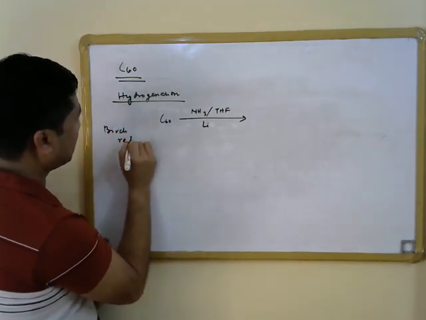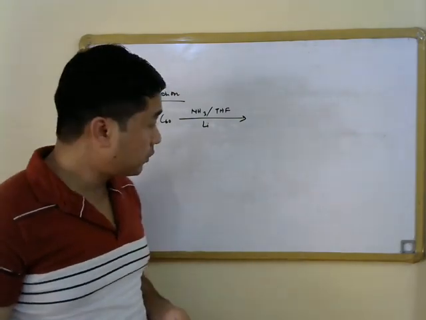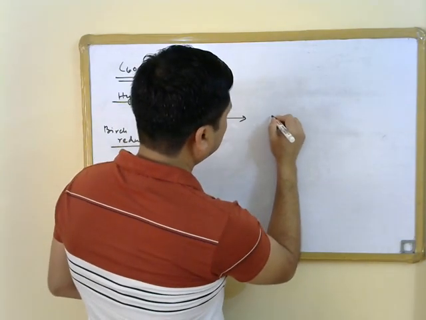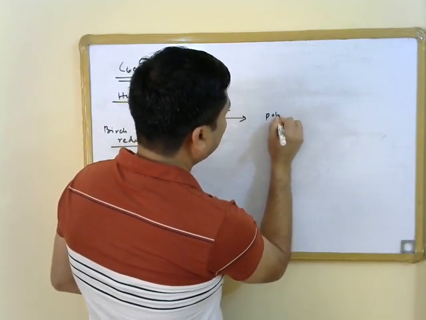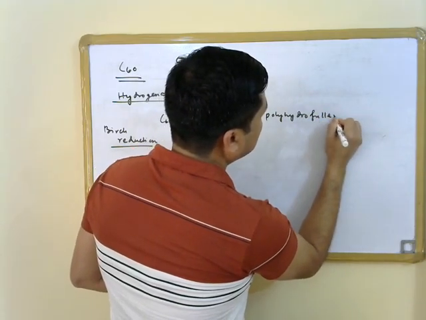You may already know what we do for aromatic compounds. And then here, if we do Birch reduction, we can prepare polyhydrofullerenes, so hydrogenated fullerenes.